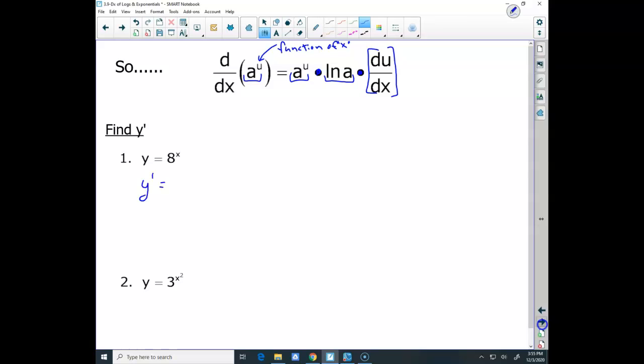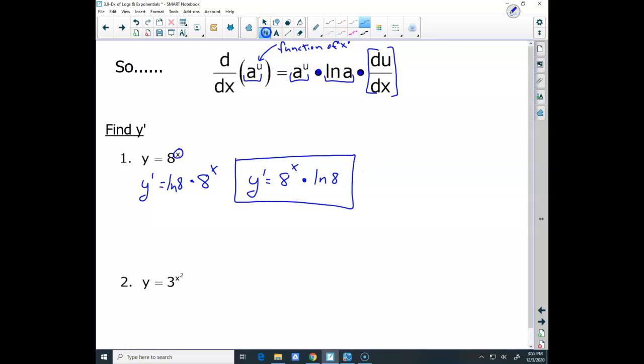Well, y prime equals, well, the derivative is going to be 8 to the x times ln 8. And if you don't like writing it like that, okay, you write it y prime equals 8 to the x times the natural log of 8. And I don't need, because this derivative up here, that's just the exponent of x. It's really times by a chain rule of 1, but because it's 1, I do not need it there. And that would be my derivative.